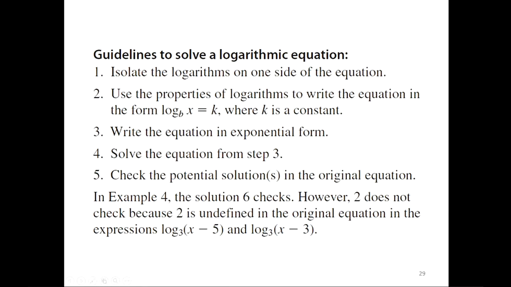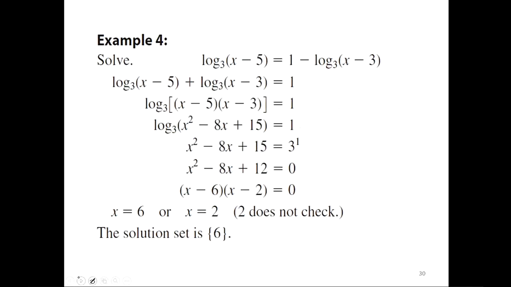If we have two logarithms, how can we solve them? For example, like this, log of x minus 5 equal 1 minus log of x minus 3. If we have two logarithms, we must put the logarithms on one side.